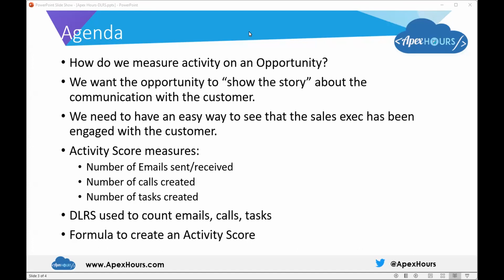Have they created future tasks to follow up with the customer, maybe they've sent them a quote, have they set themselves a task to remind them to chase up with that customer in a couple of days' time. So we'll be using DLRS to count those emails, those calls and those tasks, and we'll create a formula that will calculate and display that activity score.